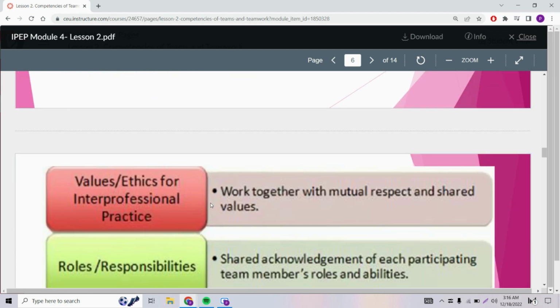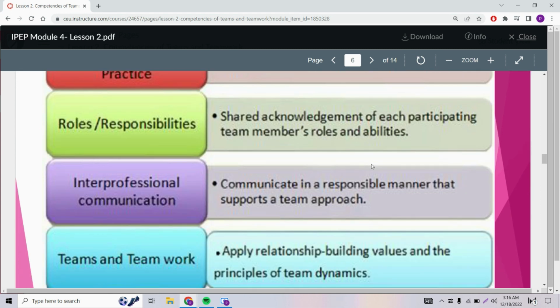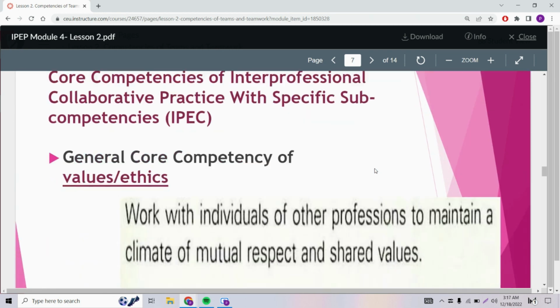So for values or ethics for interprofessional practice, work together with mutual respect and shared values. For the roles and responsibilities, share acknowledgement of each participating team member. For interprofessional communication, communicate in a responsible manner that would support a team approach. For teams and teamwork, apply relationship building values and the principles of team dynamics.